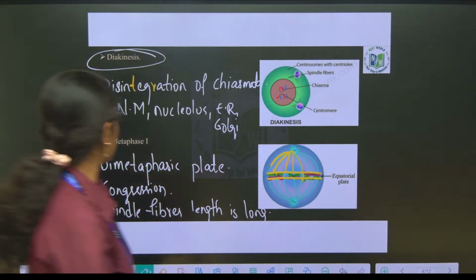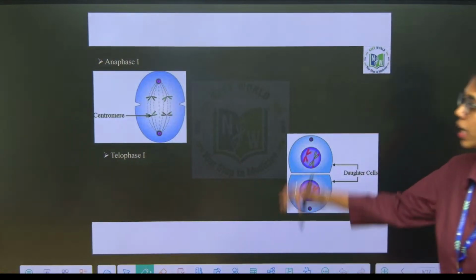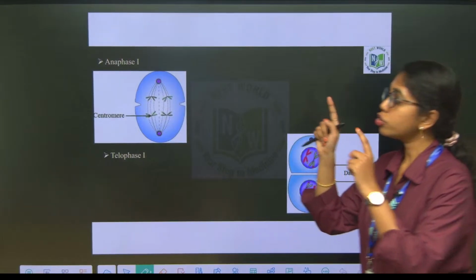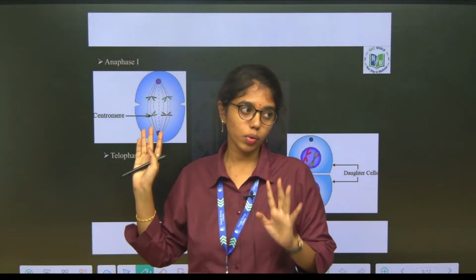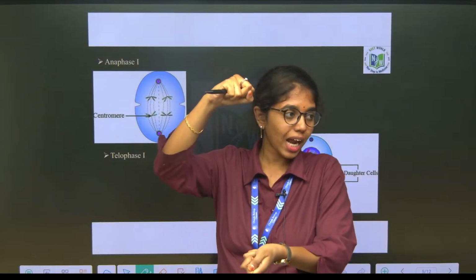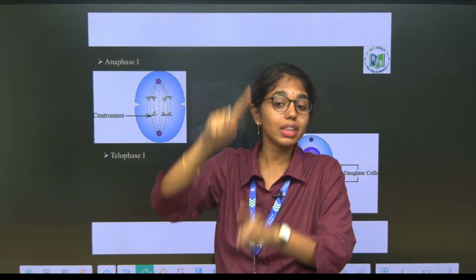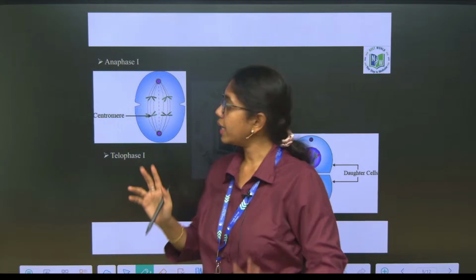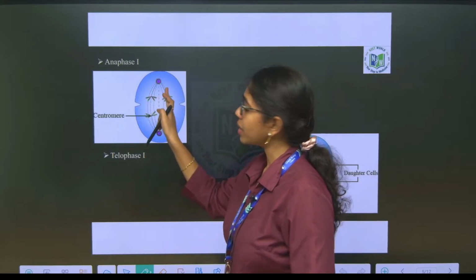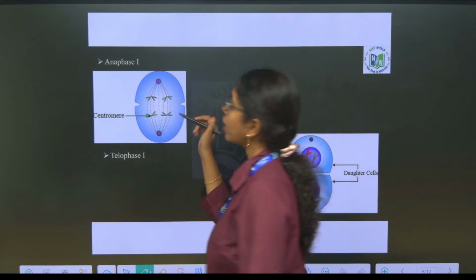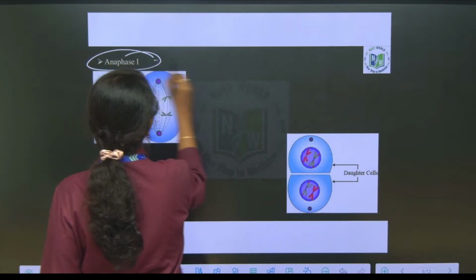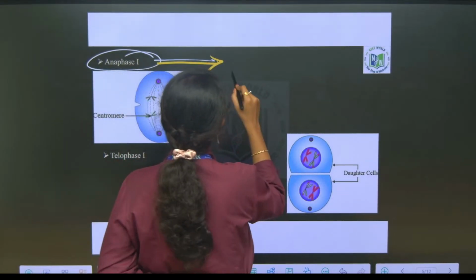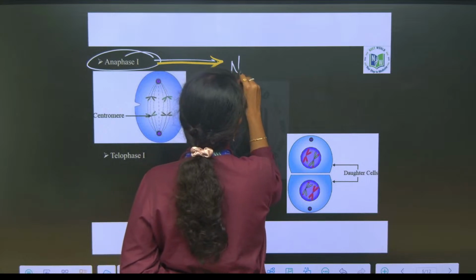Fine. Next, anaphase 1. In anaphase 1, there is no centromere splitting. The 2 sister chromatids will start moving towards the opposite poles without any centromere splitting, and here the spindle fibers length will be decreased. So, anaphase 1, what you have to remember?